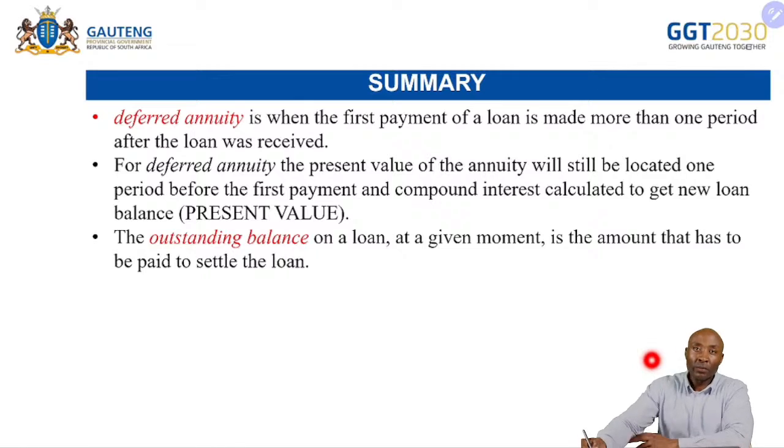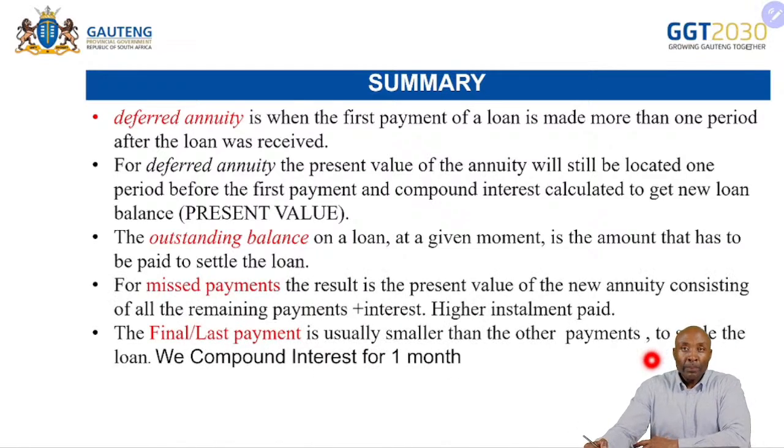Outstanding balance, we have 2 methods of calculating the outstanding balance, and you can use whichever you are comfortable with to calculate your outstanding balance. If there is a missed payment, remember the outstanding balance is grown using the compound interest formula for the months that there are no payments, and we always have to leave a period gap before the payments resume, and normally the new payment is higher than the original payment that was agreed on.